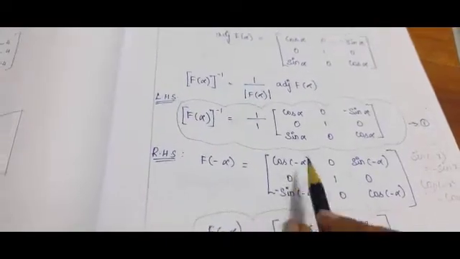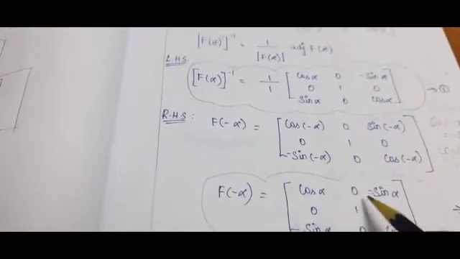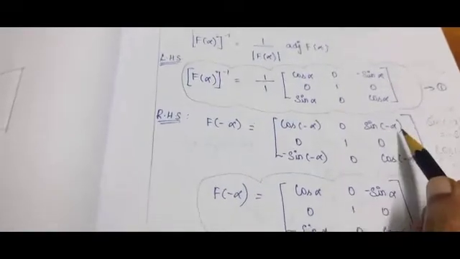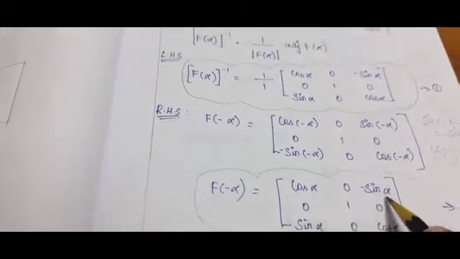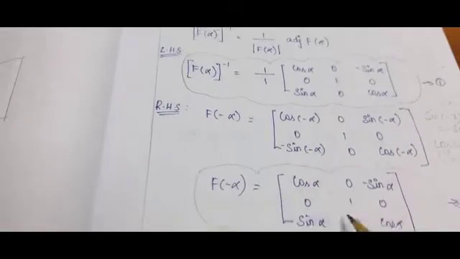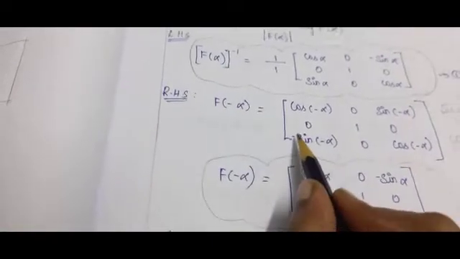So sin minus x equals minus sin x, and cos minus x is cos x. In the case of alpha, the same thing. So cos minus alpha becomes cos alpha, and 0 the same, but sin minus alpha becomes minus sin alpha.